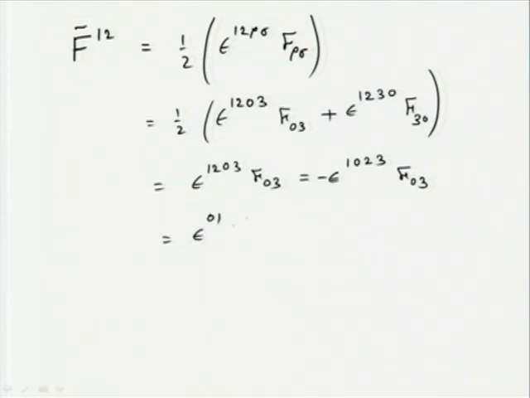So, that will give me a plus epsilon_0123 f_03, which is equal to a factor of 1 for epsilon_0123 and f_03.